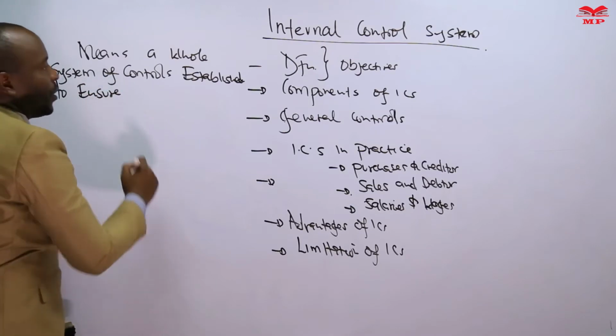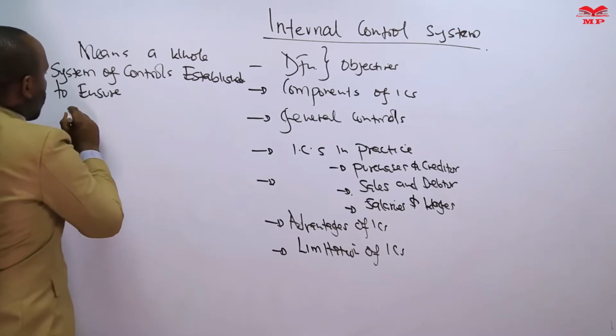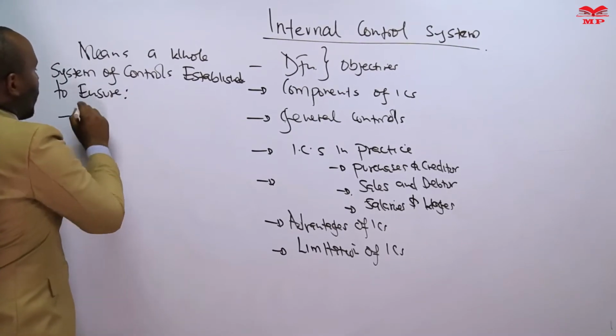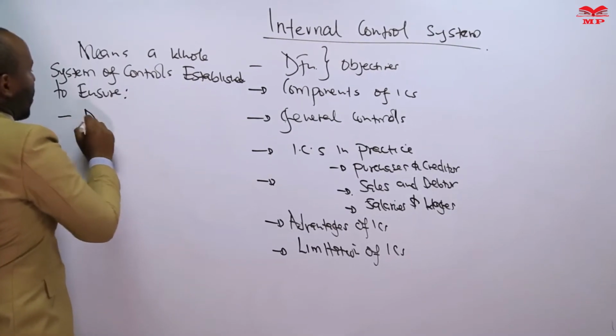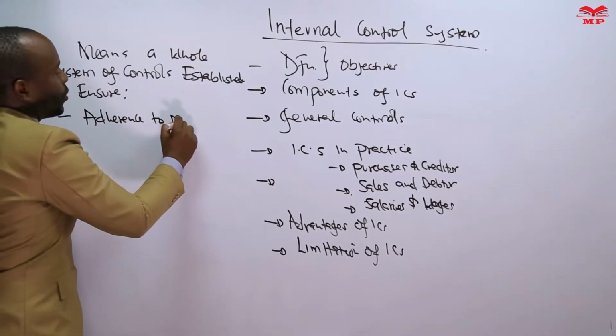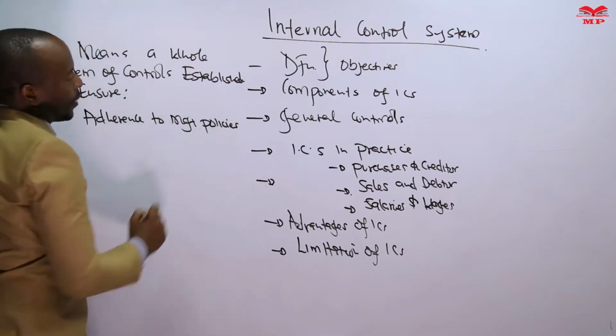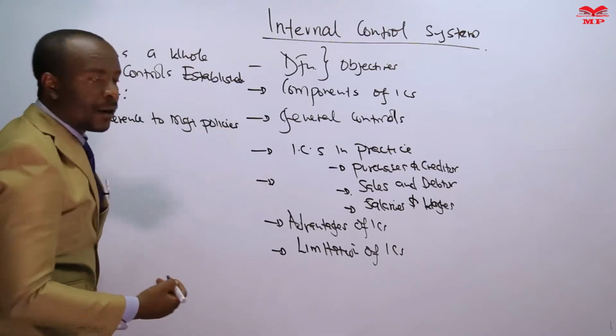Now this is the part that you need to know, where I introduce the objectives. To ensure, colon, one, that there is adherence to management policies. That is one of the objectives, but still part of the definition.